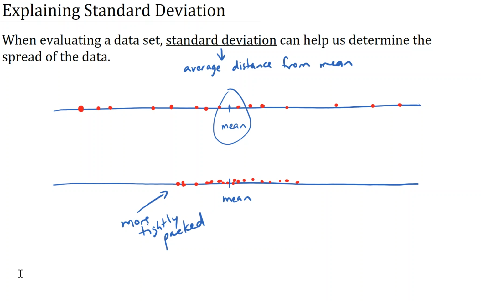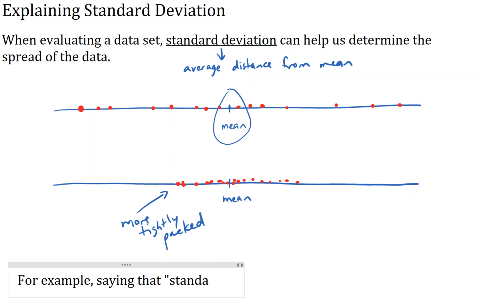So let me write that. For example, saying that standard deviation is 12.5 units, and that would have a context in it, if you're looking at specific data values, okay?